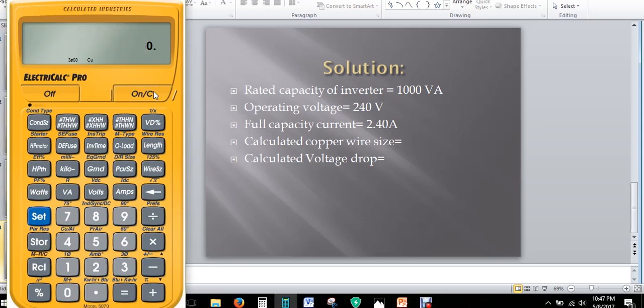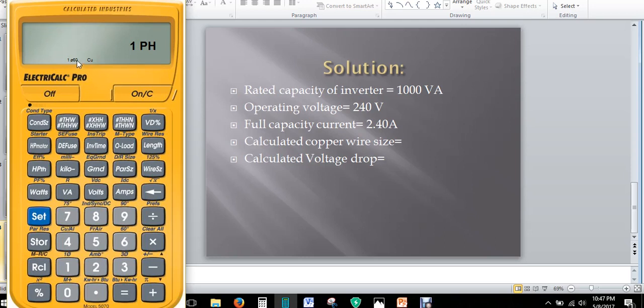Then let's calculate the copper size. To calculate the copper size, let's set it to one phase, and then set the ambient temperature to 60 degrees Celsius. It's already 60 degrees Celsius here.